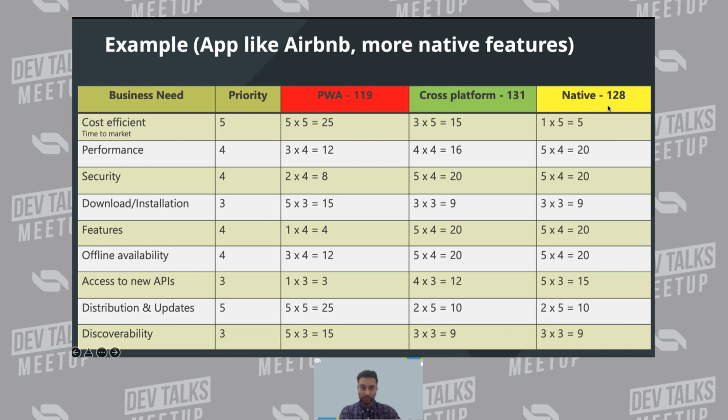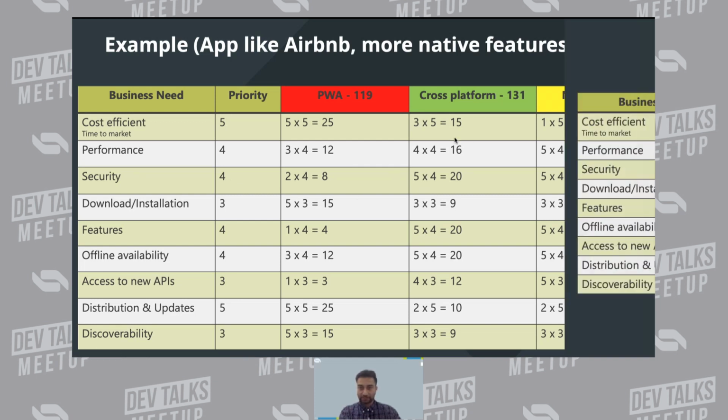So the overall score that we get for native is 128, while cross-platform is the highest, and it should be the choice in this case, where we need the app to feel more like a native app and use more hardware features, but still be cost efficient. We still want distribution and updates to be easy, the performance to be good, and it should be secure. So cross-platform would be the choice in this case.